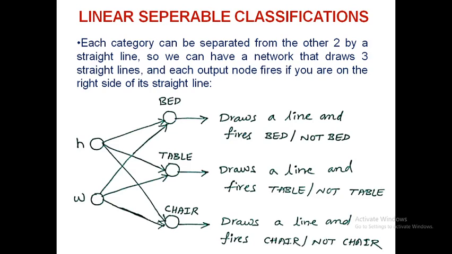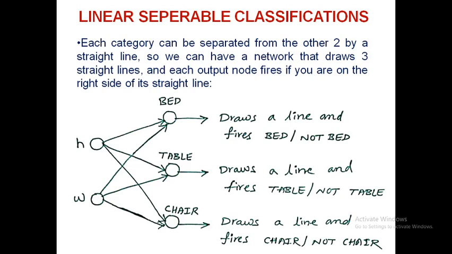Height is required for all the output neurons, that is bed, table and chair. We need to classify the outputs based on the height also. That's why height is connected to all the outputs, as well as width is also connected to all the output neurons.